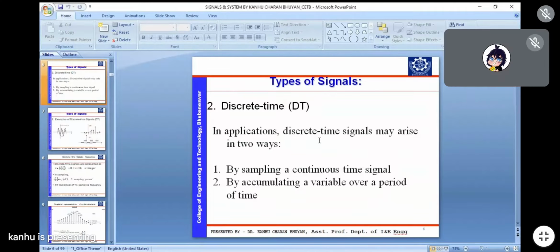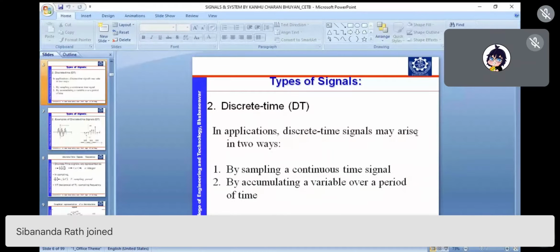At the origin n is equal to 0, the value is 1. Then from that arrow, on the right hand side is the right hand side sequence, and this is the left hand side sequence. But it is a never ending process, so it is the infinite duration sequence.